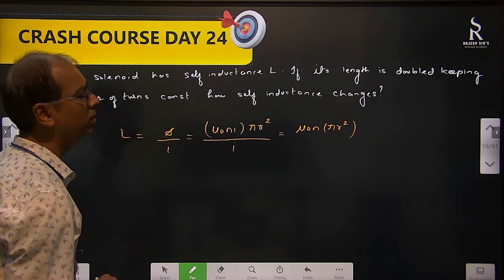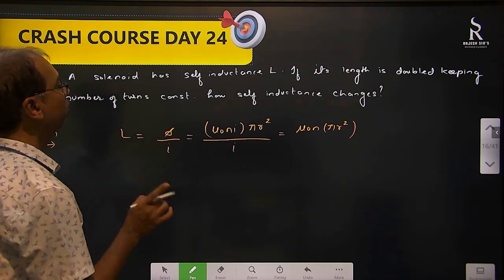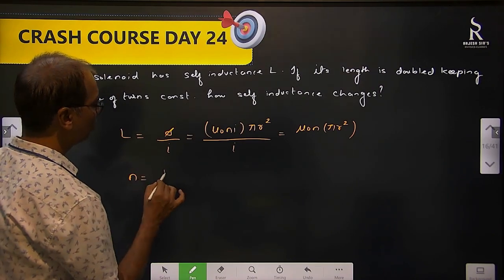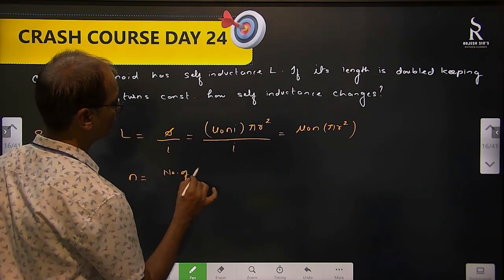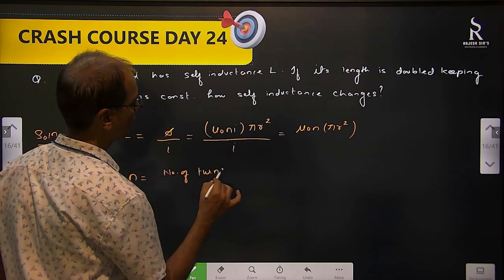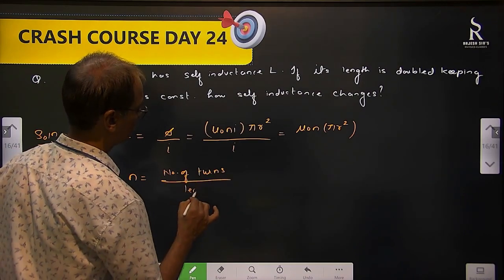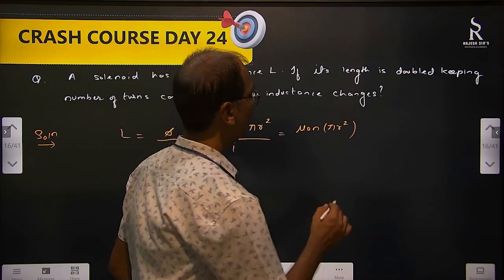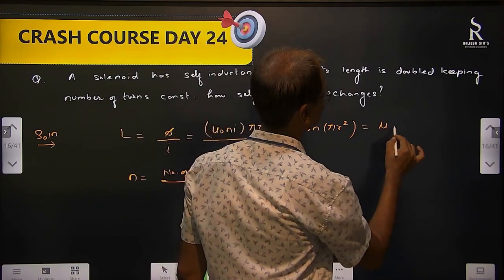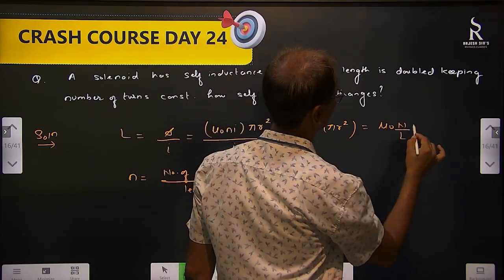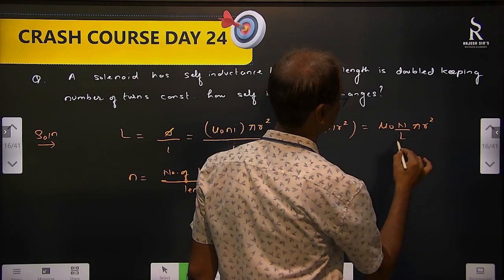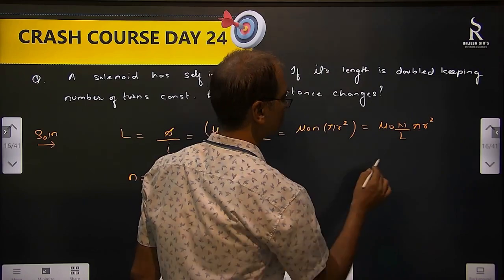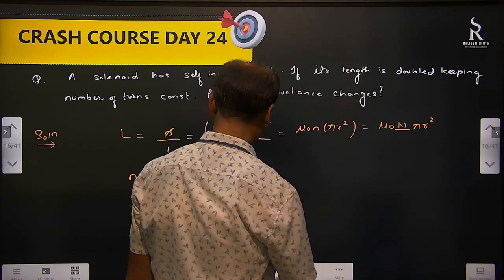What does it say now? Its self-inductance is L, which is μ naught n πr². If its length is doubled, keeping the number of turns constant. Actually, n is the number of turns per unit length, so I am converting this small n and writing it as N by l into πr².